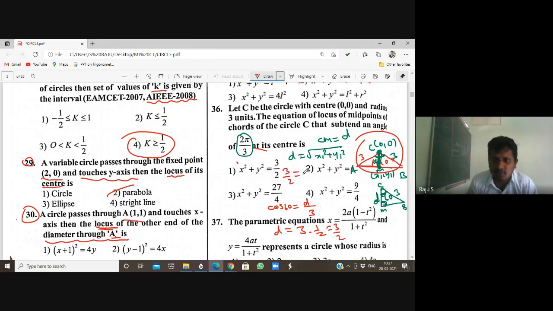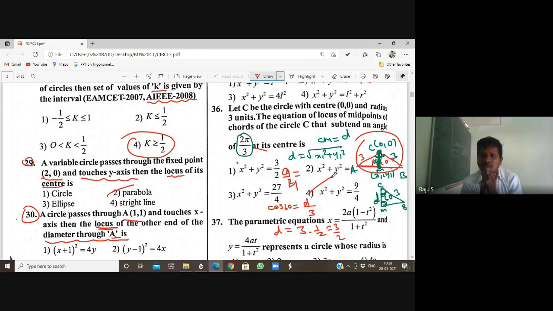Substitute: 3 by 2 is equal to the square root. Squaring on both sides, x1 square plus y1 square is equal to 9 by 4. The option is 4. Simple question. Just find the distance from center to the chord, the midpoint I'm taking as x1, y1. The distance d is equal to square root of x1 square plus y1 square.